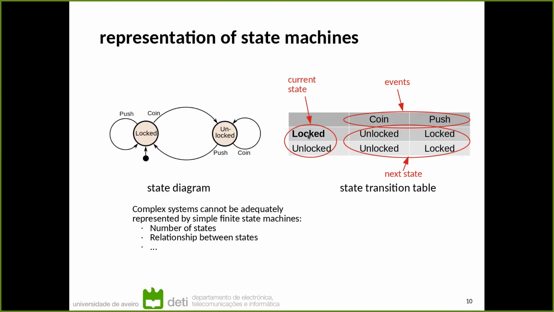In this case, when I'm in state locked and I insert the coin, the system goes to unlocked. If I have current state locked and I push, the gate will remain locked. So these are two equivalent representations of the same system, and I can also use something like a ball type to represent the initial state.